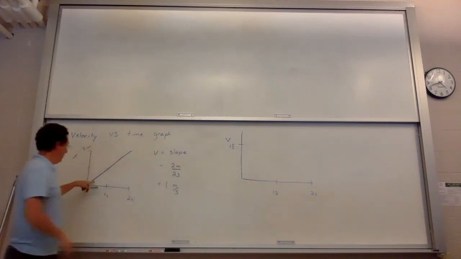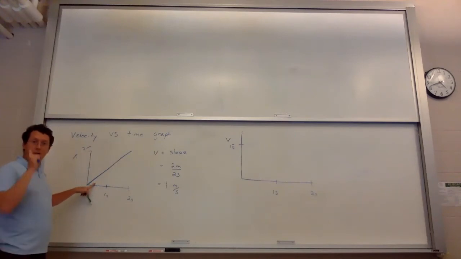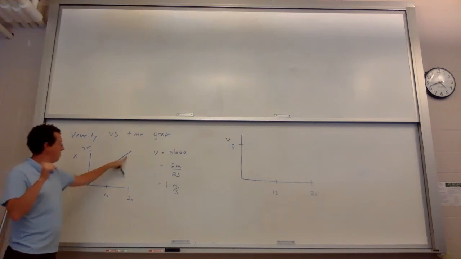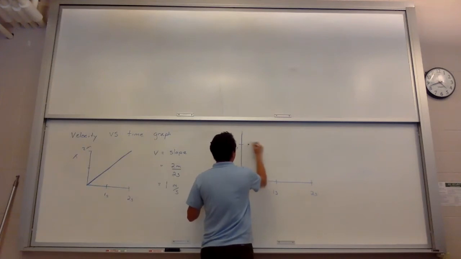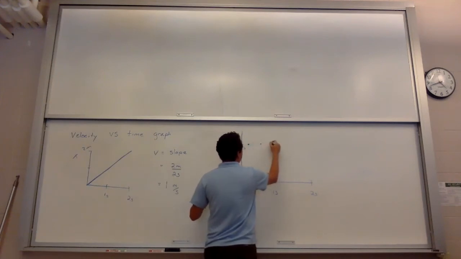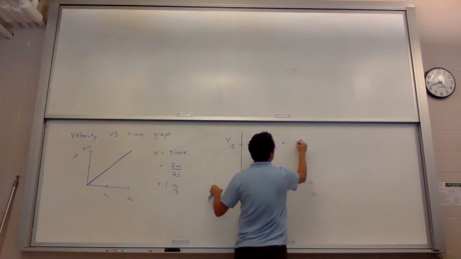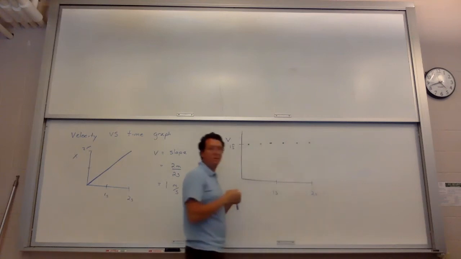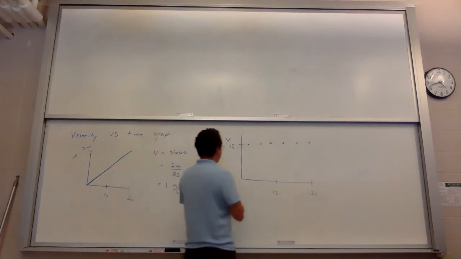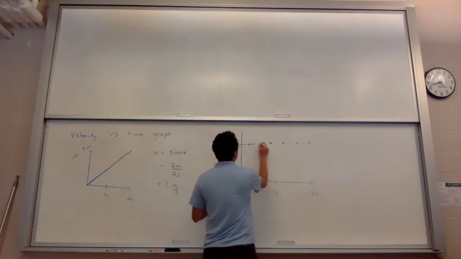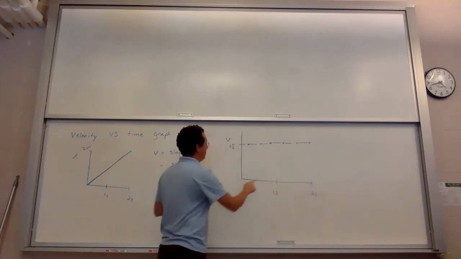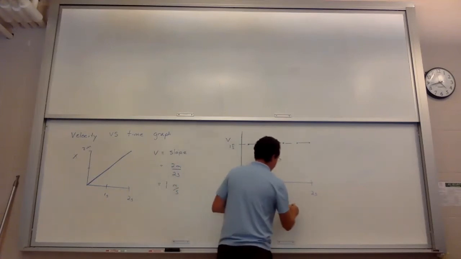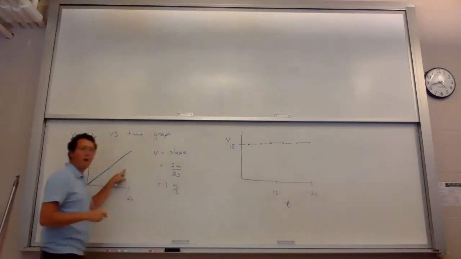Well, the velocity right here is 1 meter per second, and it's 1 meter per second at every time. And if I connect things up, it would just be a flat horizontal line. In the velocity versus time graph it is horizontal. The position versus time graph is sloped.